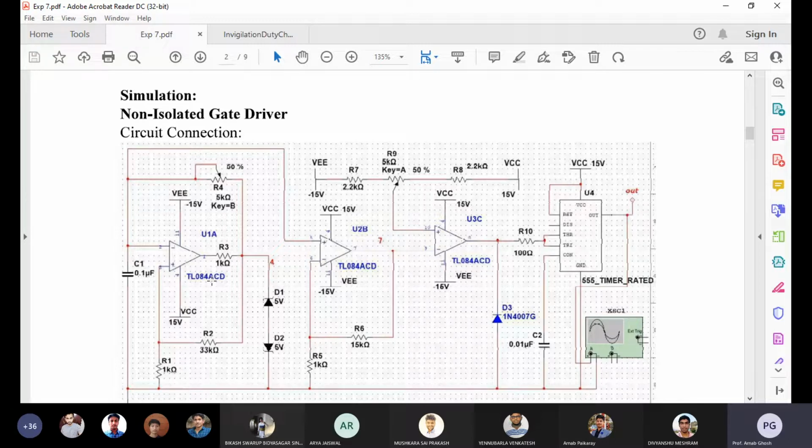We are giving some reference value and tracking the output, so we are talking about a closed loop system. That output is coming from the output of the converter, which may be any rectifier, cycloconverter, inverter, whatever it may be.